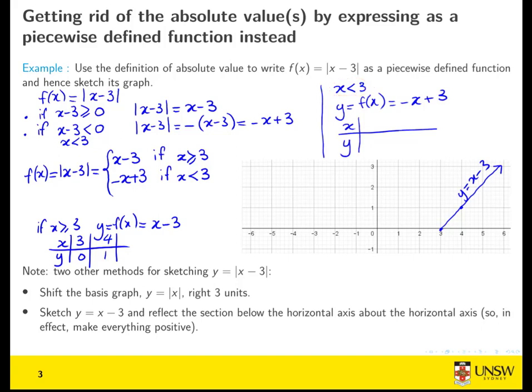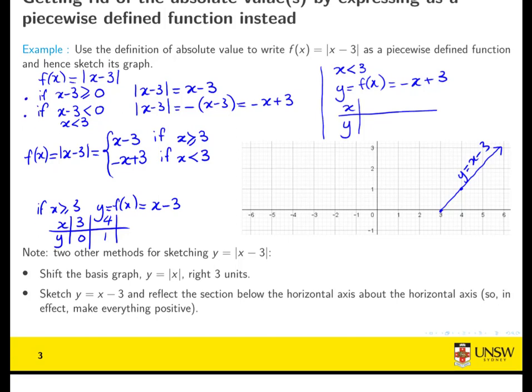So I could try, for example, when x is 0, I'm getting 3, and when x is 1, I'm getting 2. When x is 2, I'm getting 1. And I'm getting this other part of the graph, and its equation is minus x plus 3.